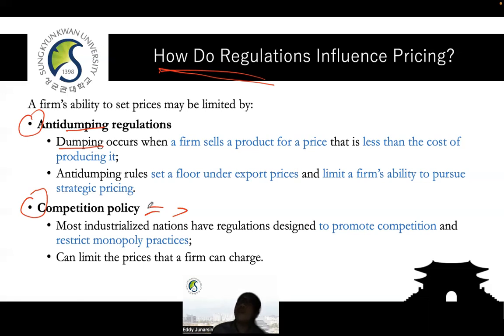I think in many countries they pass floor prices, but also ceiling prices. So both, right? This is complicated. Not only do they have ceiling prices, but they also regulate the floor prices. Again, depending on the context, I think the main idea here is to encourage competition and discourage monopolistic or even oligopolistic behavior.